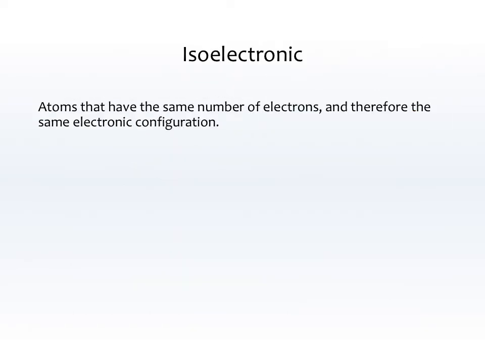So within ionic bonding, you should already know this from the unit we've just finished, but isoelectronic are atoms that have the same number of electrons and therefore the same electronic configuration, such as argon, which has 18 electrons.